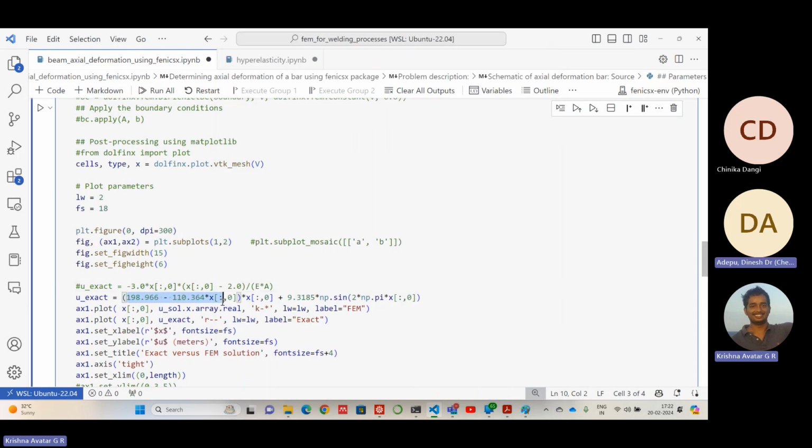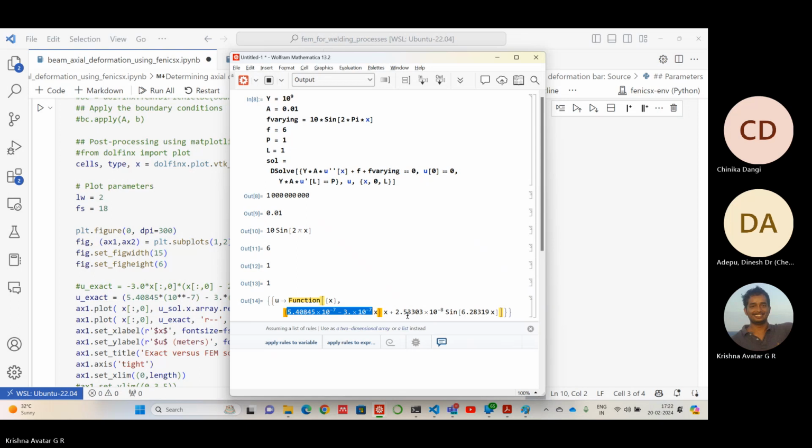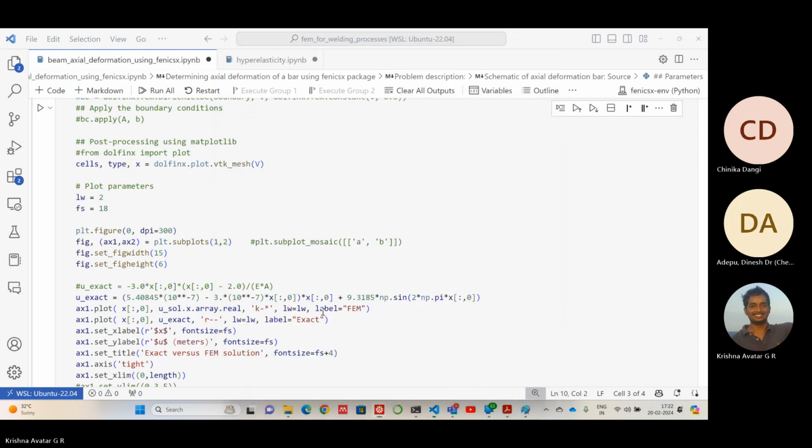Actual solution is this. Minus 2, minus 7, likewise here, and this is 2 point into this one.